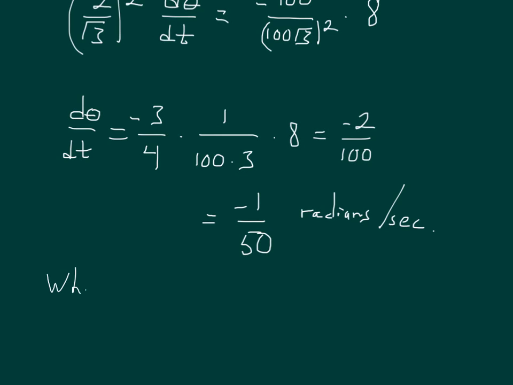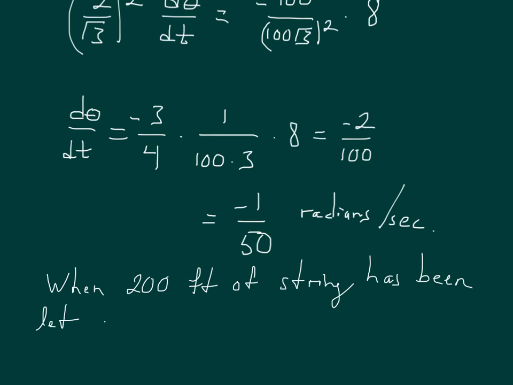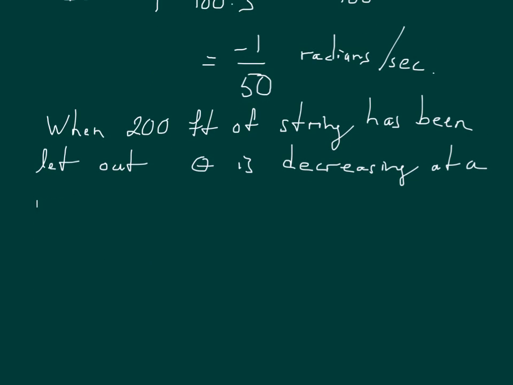When 200 feet of string has been let out, theta is decreasing at a rate of 1 over 50 radians per second.